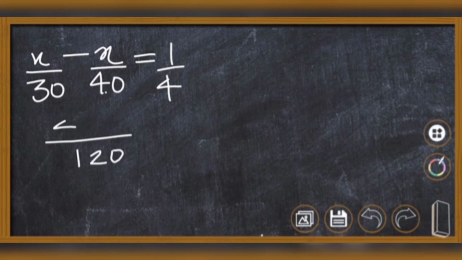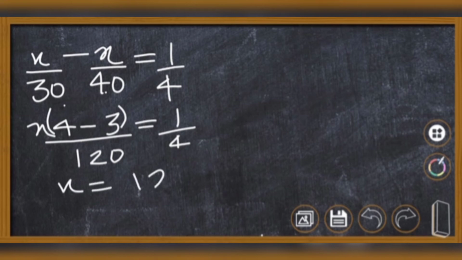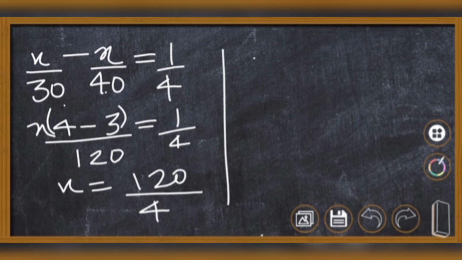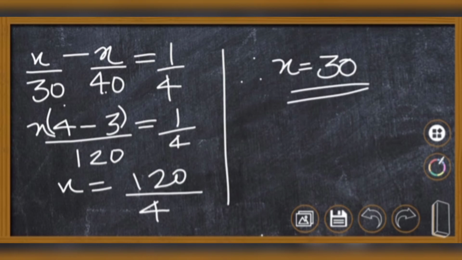So, 4x minus 3x by 120 is equal to 1 by 4, that is (4 minus 3) into x. Okay. So, x is equal to 120 by 4, that gives you the answer 30. So, x equals 30 kilometers. So, 30 km is the distance between his house and his office.